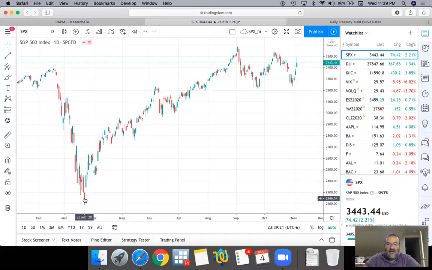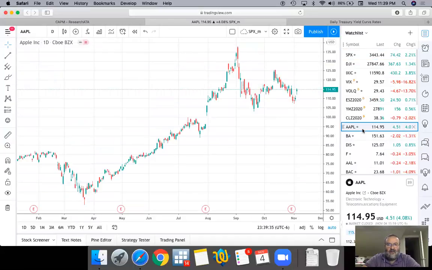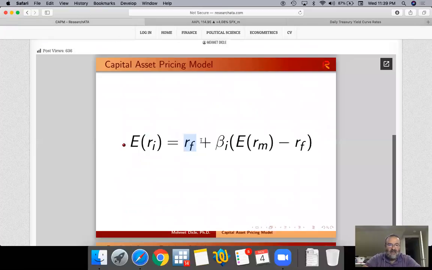But the art of portfolio management, and obviously the aim of portfolio management, is to choose that asset that you expect, you hope, to outperform the market. So let's say that we're going with Apple. And Apple, we know, looking back, has outperformed the market. So we have the absolute minimum, that's your risk-free. Then we look at what we refer to as the risk premium.